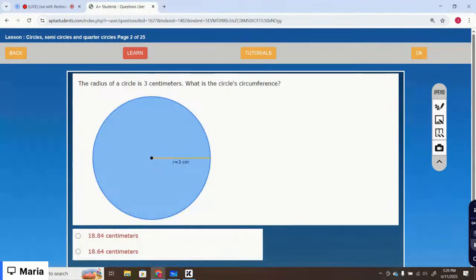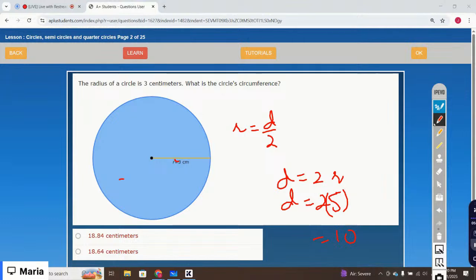The radius of a circle is 3 centimeters. What is the circle's circumference? So you are given the radius. You need to calculate the circumference of the circle.